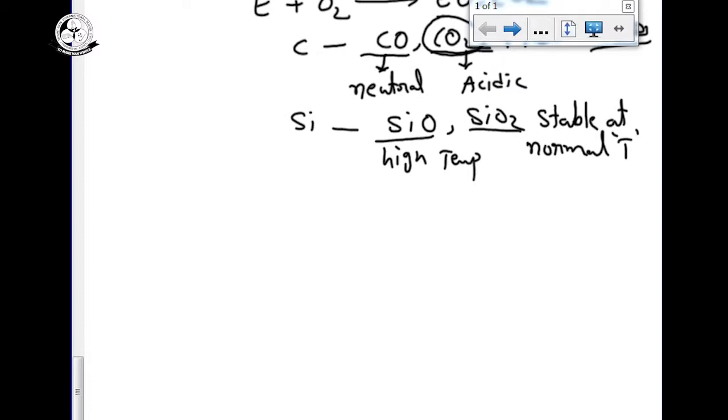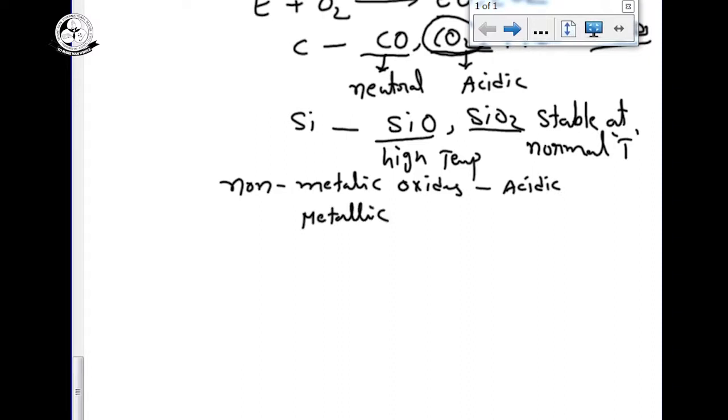So some of the oxides we can write as acidic oxides, basic oxides and amphoteric oxides. Generally, in periodic properties we know non-metallic oxides are acidic and metallic oxides are basic.